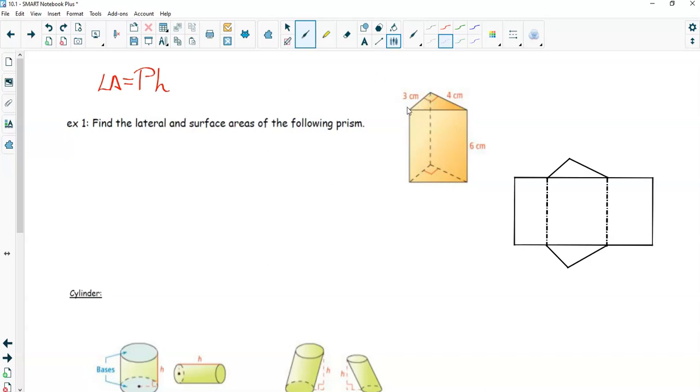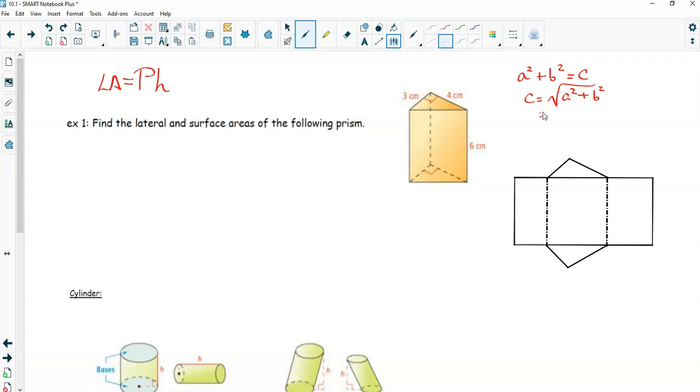Notice the perimeter of this triangle: they gave me that this side is 3, this is 4, and I'm missing the hypotenuse. I know that I could use the Pythagorean theorem, a squared plus b squared equals c squared. That means c is equal to the square root of a squared plus b squared. Remember that?